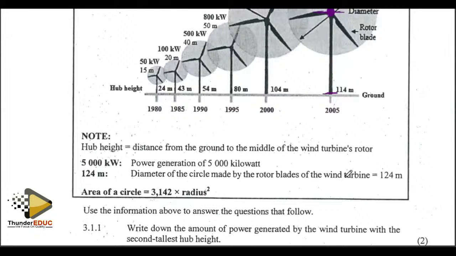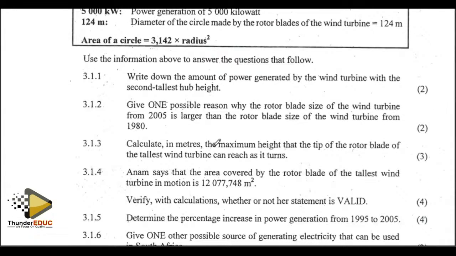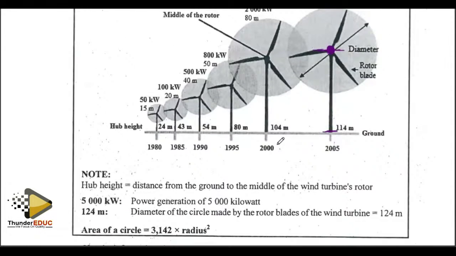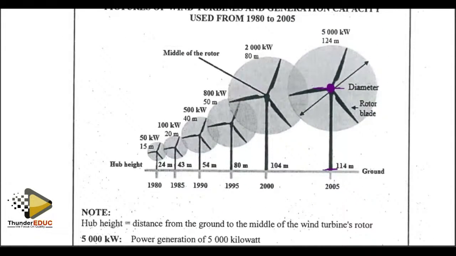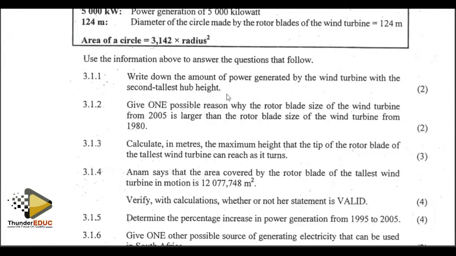All right, there we go. Write down the amount of power generated by the wind turbine with the second tallest hub. They're already in order. Second tallest is this one here. How much power is produced? 2,000 kilowatts. So the answer here was supposed to be 2,000 kilowatts.